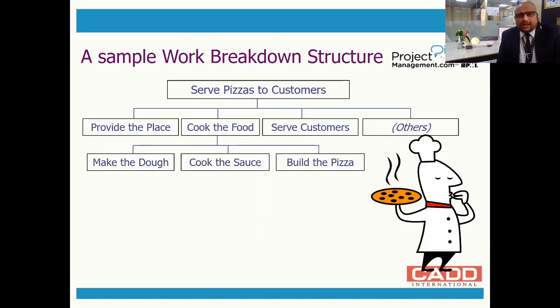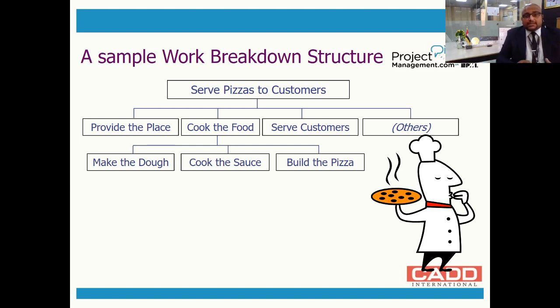So let's see an example of how we are doing it. Suppose you want to serve a pizza to a customer, what are the things you need? This is our project. I need to serve the pizza to a customer. So you need to provide a place for them to eat. You need to have some place to cook.